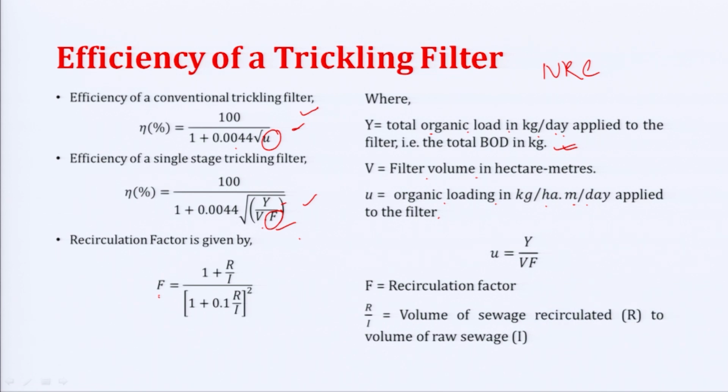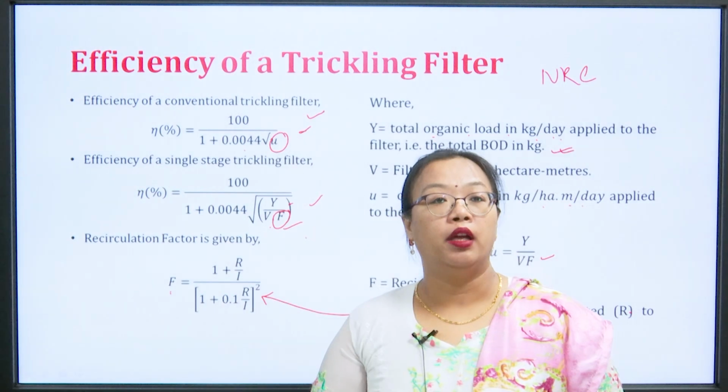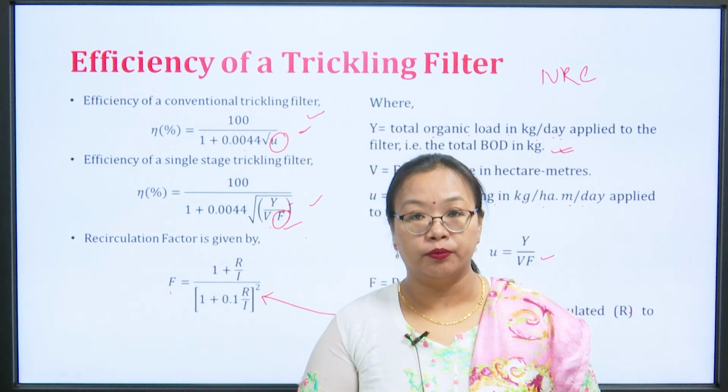U can also be written as Y by VF. F is the recirculation factor, and R by I is the ratio of the volume of sewage recirculated, R, to the volume of raw sewage, I.